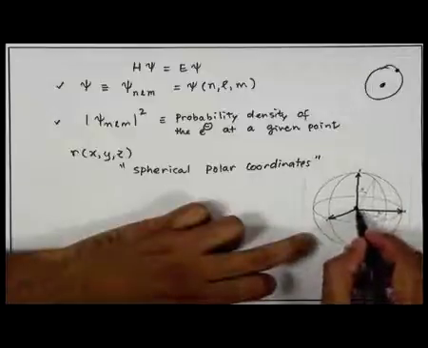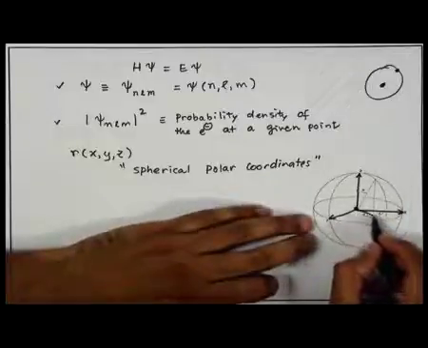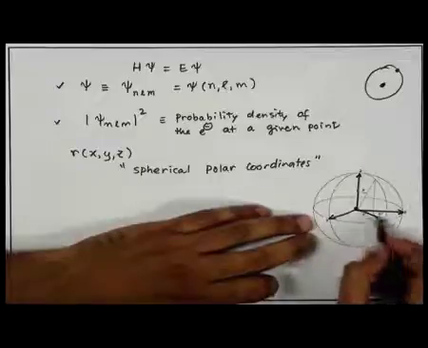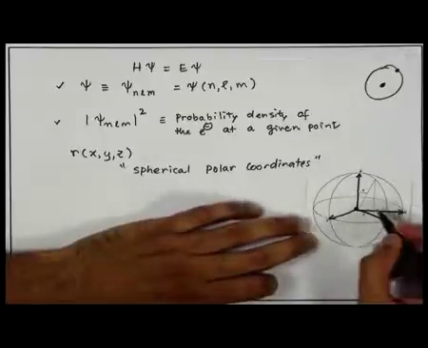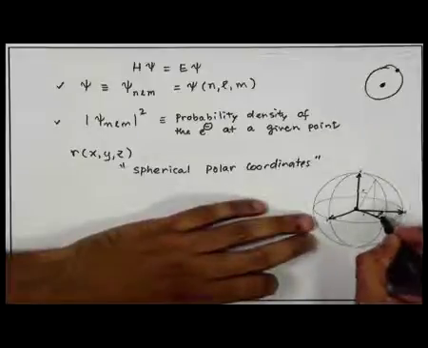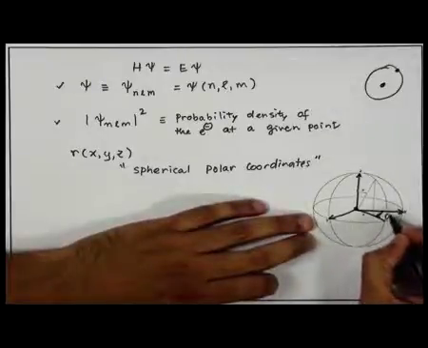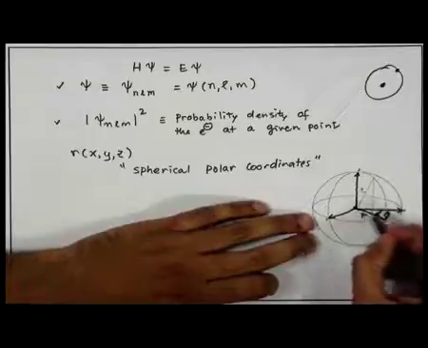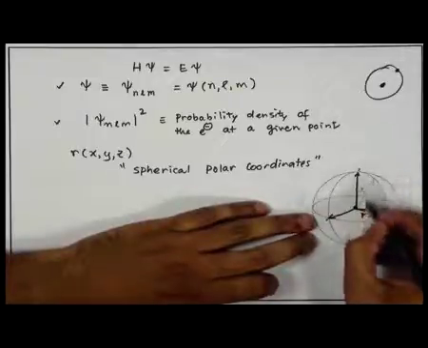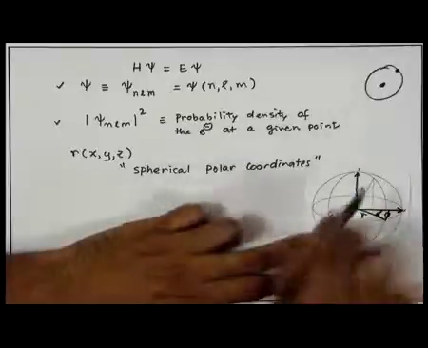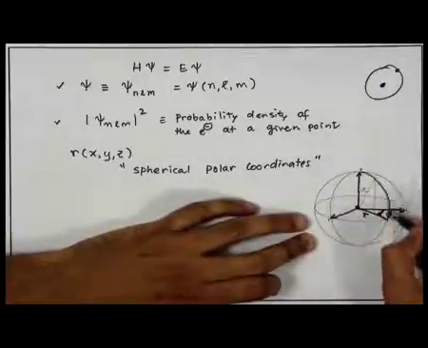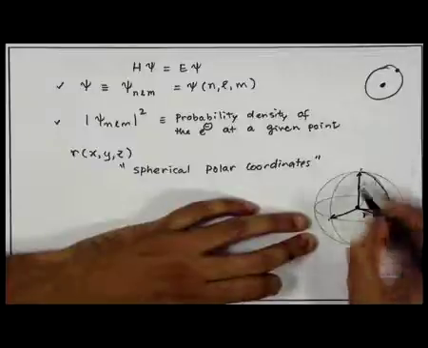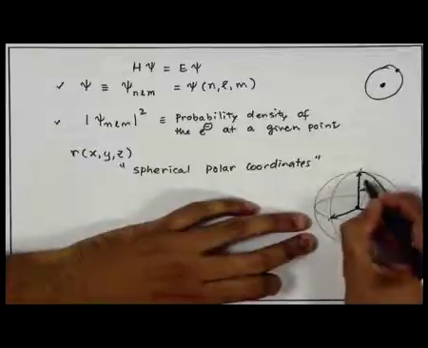So, you can define one coordinate in the spherical coordinates, that is r, which is the radius of the sphere, or you can define an azimuth angle, which is given as phi, and you can also have another angle which shows you this movement, and that is given as theta.